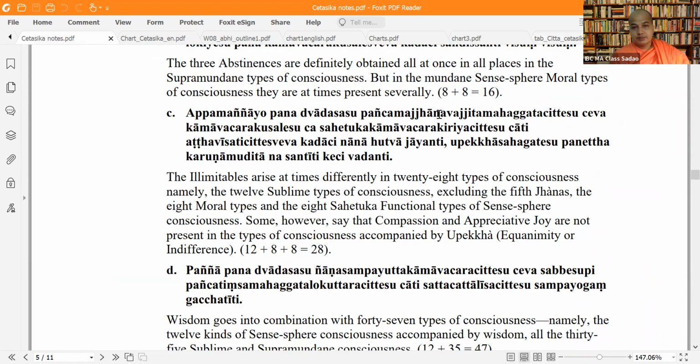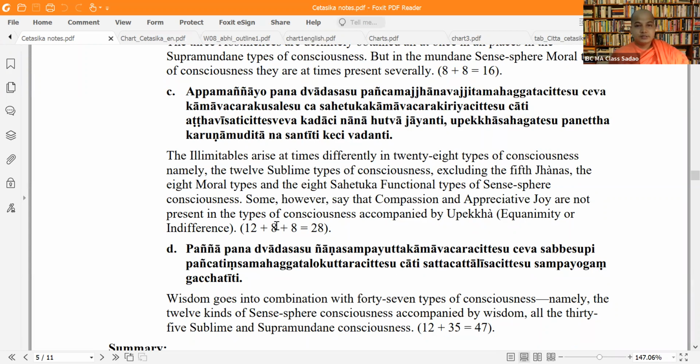Appamannayo pana dvadasasu pancamajjhana vajjita mahaggata cittesu ceva kamavacara kusalesu ca sahetuka kamavacara kiriya cittesu cati atthavisati cittesveva kadaci nana hutva jayanti, upekkha sahagatesu pana karuna mudita na santiti keci vadanti. The illimitables, that is appamanna mental factors, arise at times differently in twice 8 types of consciousness, namely the 12 sublime types of consciousness excluding the 5th jhana, the 8 moral types and 8 sahetuka functional types of sense sphere consciousness.